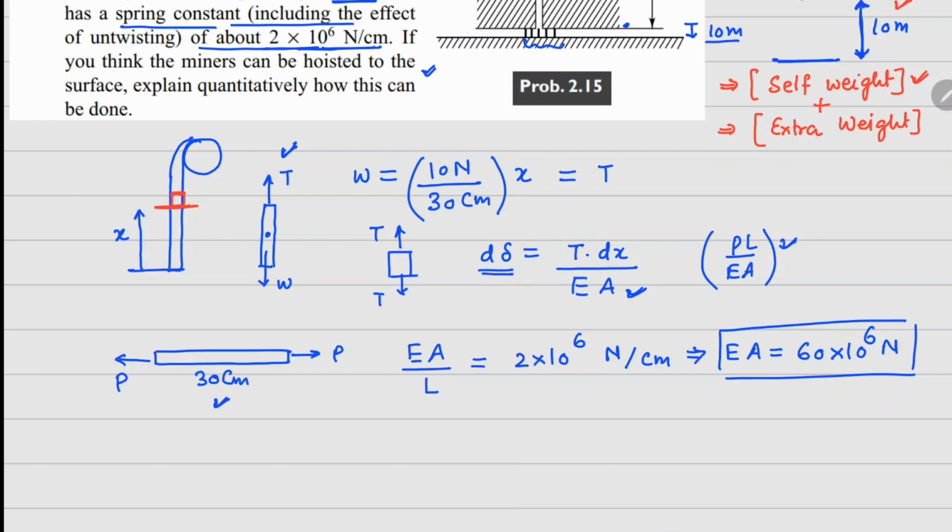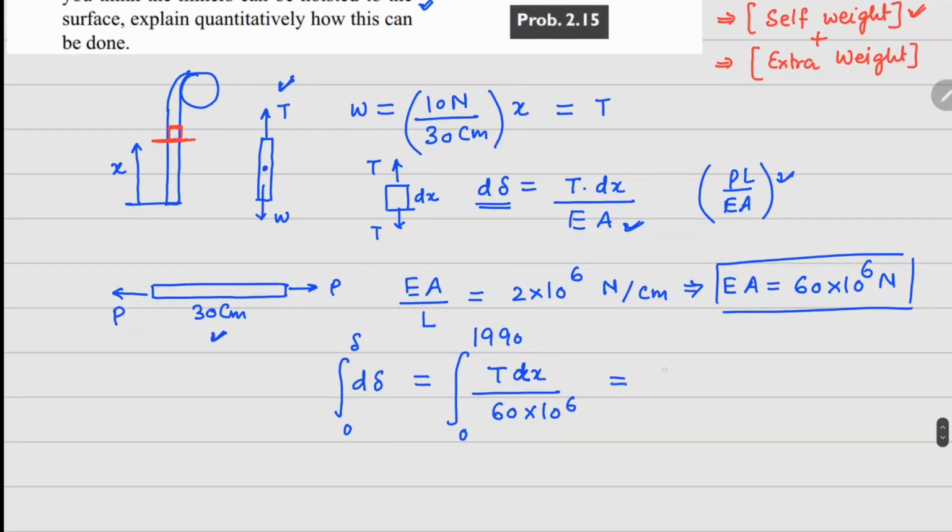Now this d delta that we have calculated is for this small dx element. To find the total elongation, we integrate this from 0 to delta, and x can be integrated over the total length of this wire, which is 1990 meters.